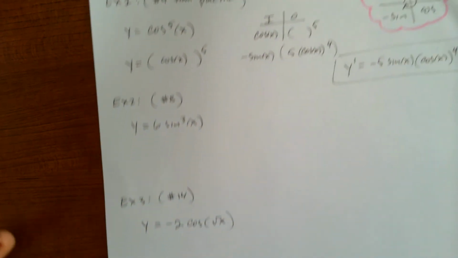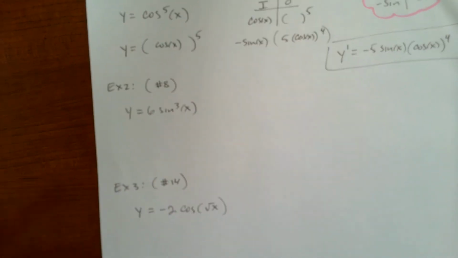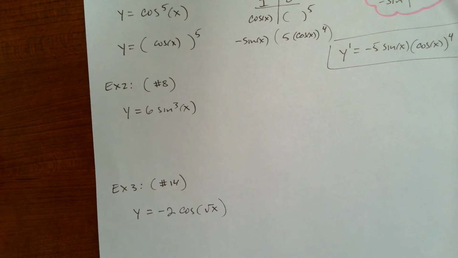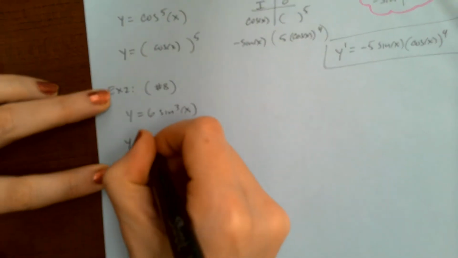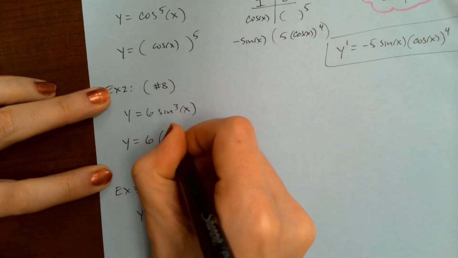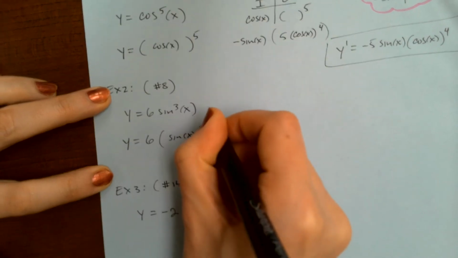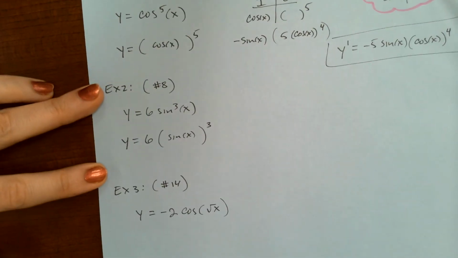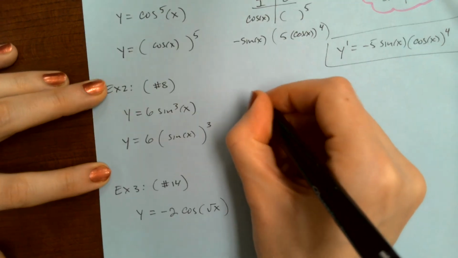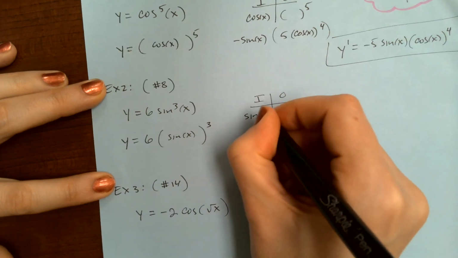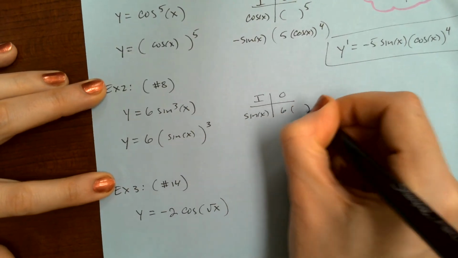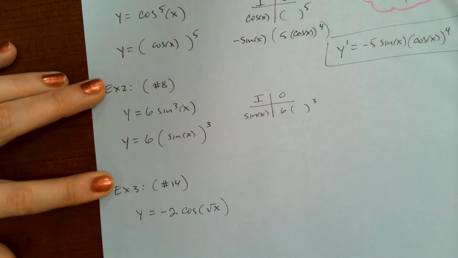All right, now this next one, very similar. We have 6 sine to the 3rd of x. The first thing we have to do is convert this to 6 times sine of x to the 3rd. And you can see very clearly that this time the inside function is sine of x. So in, out: sine of x inside, 6 blank to the 3rd outside.